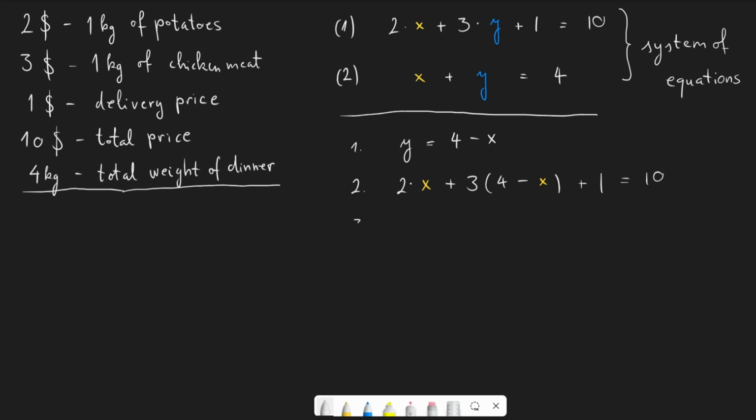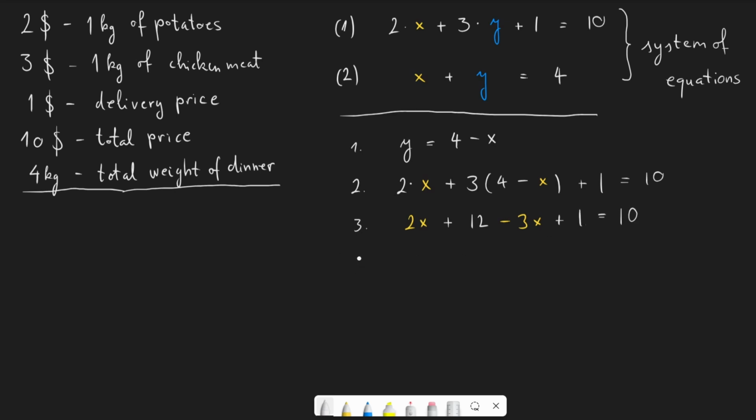So in the next step, we will make a nicer format for this equation, and so we have 2x here plus we will calculate this expression in a nicer format, which is 12, and we have minus 3x here plus 1 equals 10.